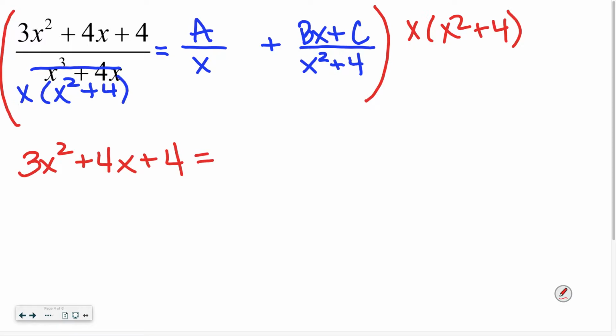When we take the LCD to this A fraction, what cancels? The x's cancel, so A is being left to multiply to x squared plus 4.